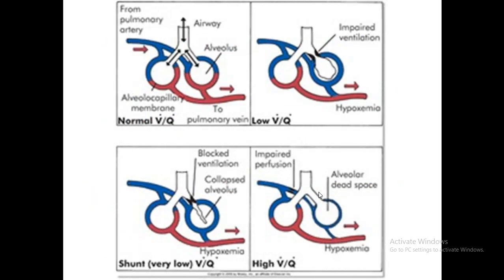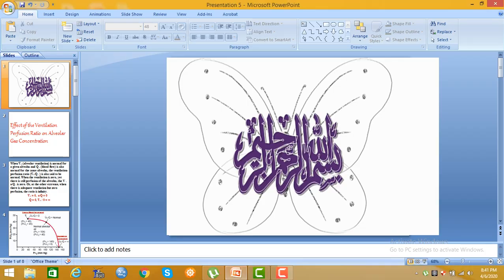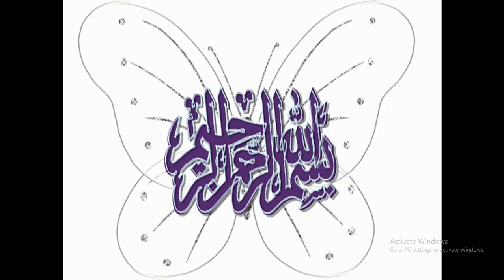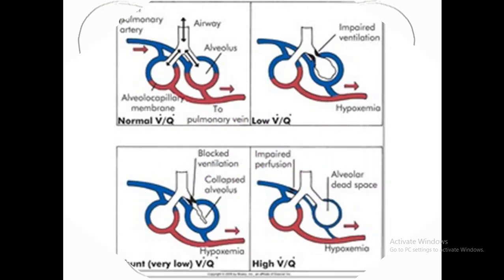This is a special diagram in which I am going to show you the normal ventilation perfusion ratio, low, extremely low and high. This is the normal condition, having the air-filled alveolus properly ventilated, with proper perfusion. Here you can see the impaired ventilation.